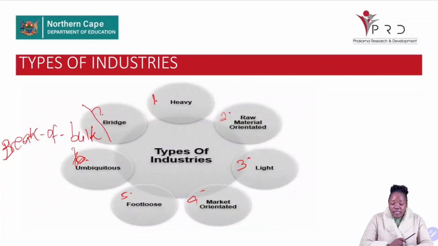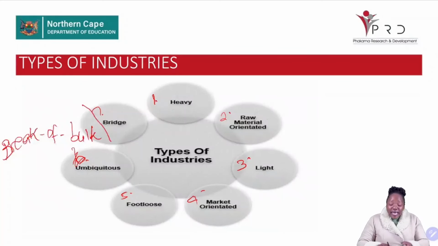Then we said your raw material orientated industries are supposed to be next to the raw material, because you cannot have raw material in one area and an industry in another area. It's supposed to be located where the raw material was discovered.